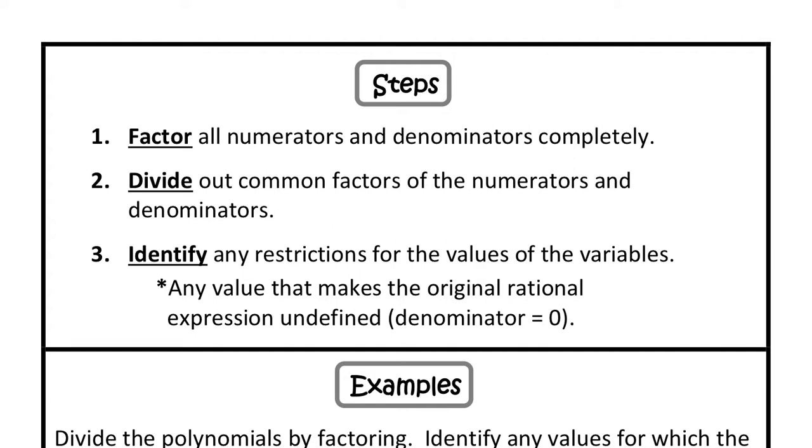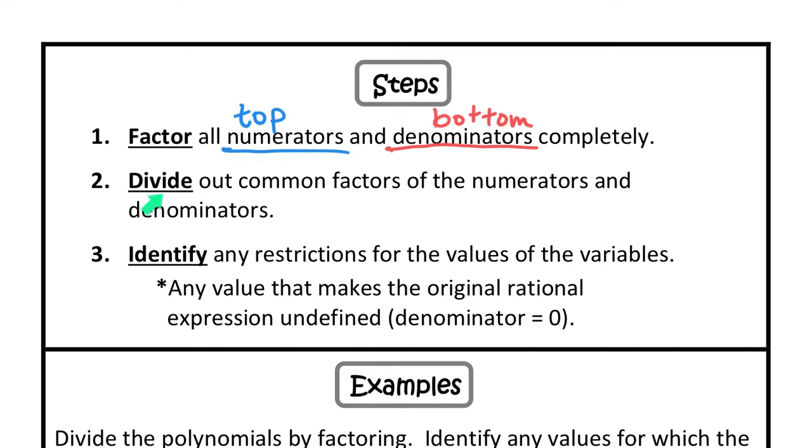So let's write that out. The numerator is the top of the fraction. The denominator is the bottom of the fraction. And so we want to factor the top and the bottom of the fraction completely.